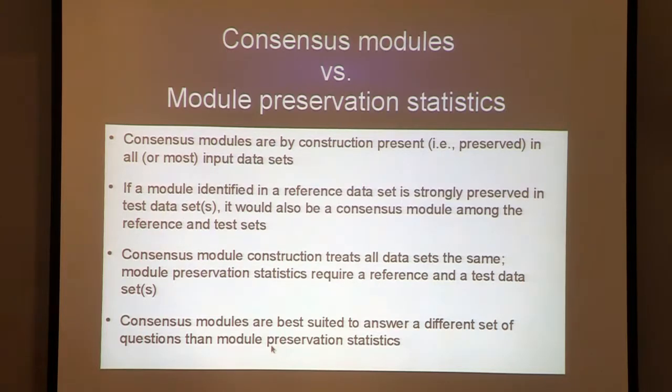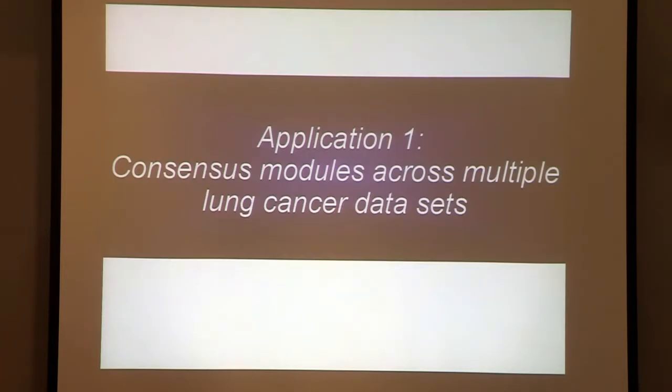You want to pull them together and create a result, and then be able to say that each of these data sets contribute to the results in the same way. Since Steve's going to talk about module preservation later, I'm not going to go into more detail here. Instead, I'm going to show you an application of how consensus modules can be used to study lung cancer.